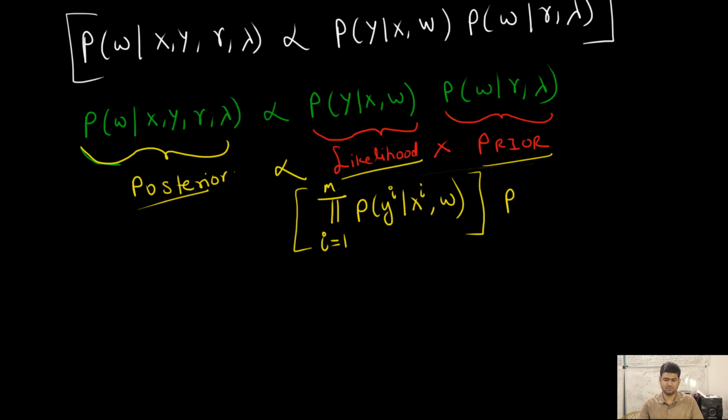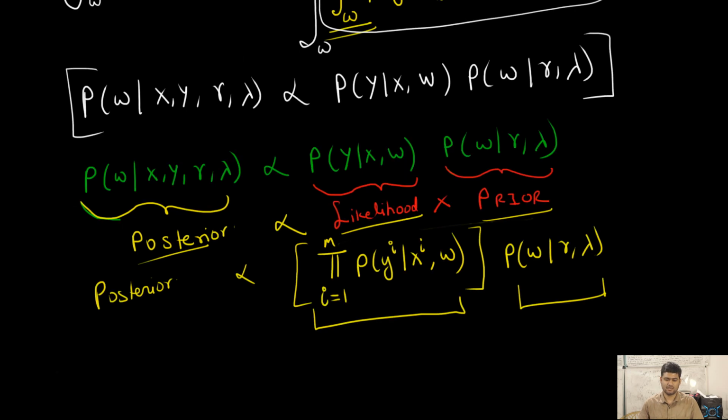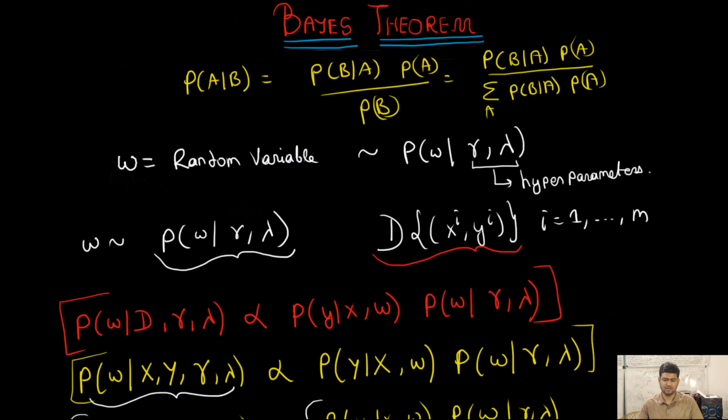Let's assume this is a normal distribution or any distribution for that matter, and this would be P of W given gamma, comma lambda. So now you can see the posterior distribution has to explain both the likelihood as well as take the prior information into account. To derive this formulation we have used nothing but simple Bayes law.